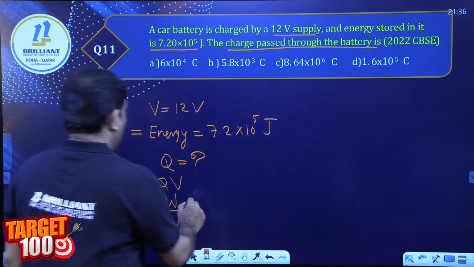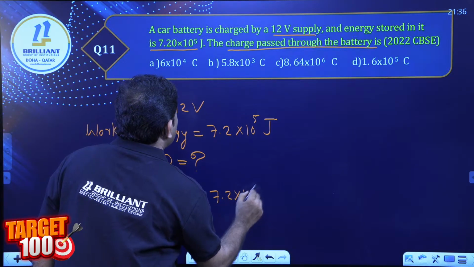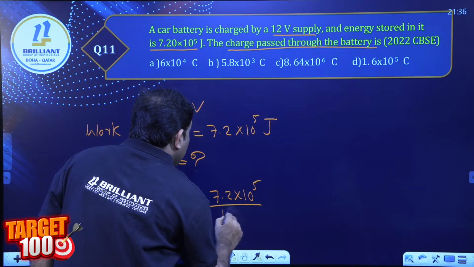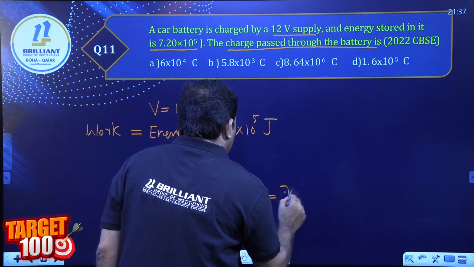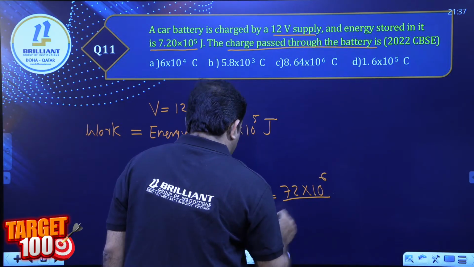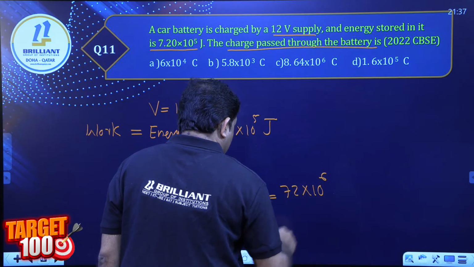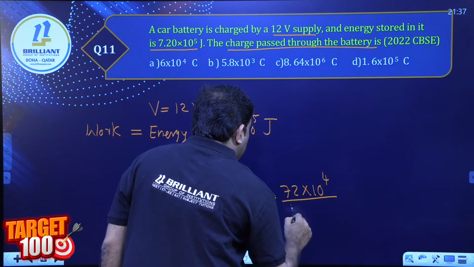So what is the W value? W is 7.2 into 10 raised to 5 divided by 12. So I can write 7.2 means 72 into 10 raised to 6 divided by 10 raised to 4. 72 into 10 raised to 4 divided by 12.